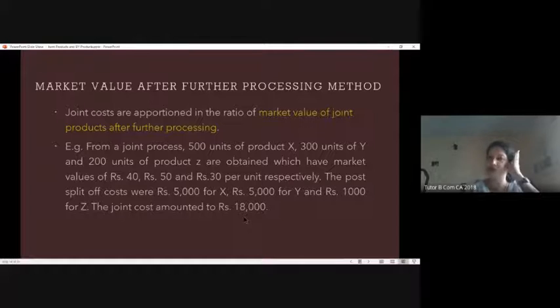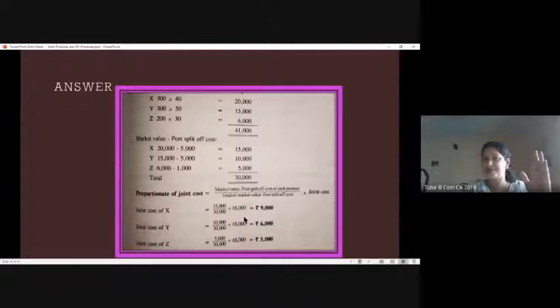So very simple. You just have to understand the logic of why it is being done. There is a similarity: market value is being taken, but it is extended further with the processing cost. That's the only difference in this method. Okay, so 15,000 by 30,000 into 18,000, we will get 9,000.